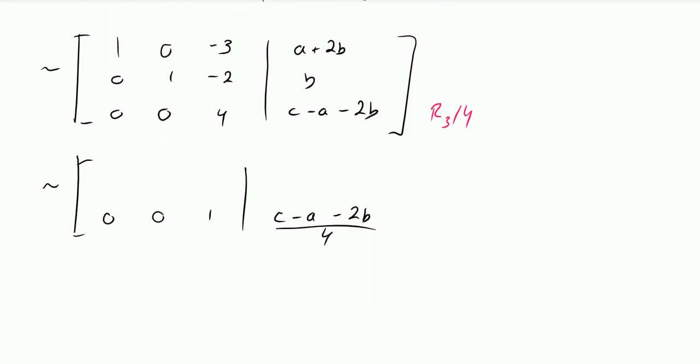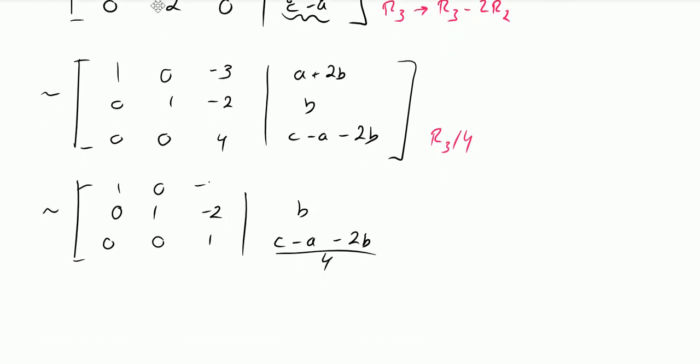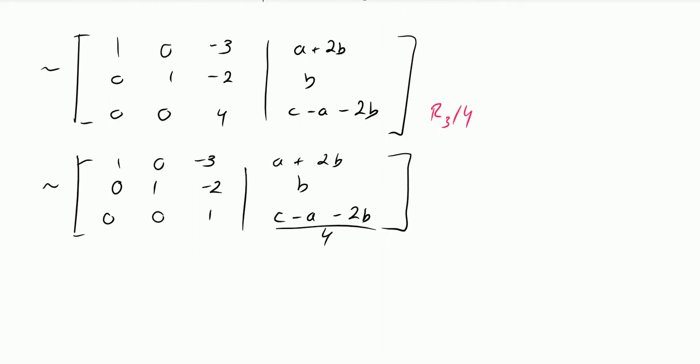And then I have 0, 1, minus 2B, and I have 1, 0, minus 3, A plus 2B. And what I'm going to do now is R2 is R2 plus 2 R3, and R1 is R1 plus 2 R3.